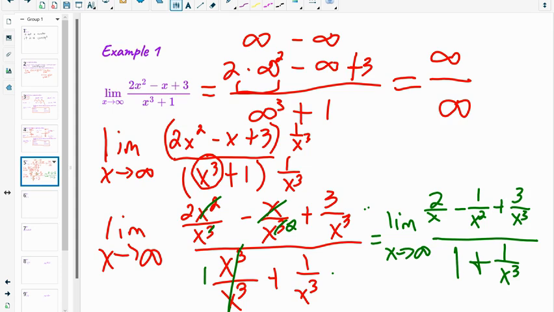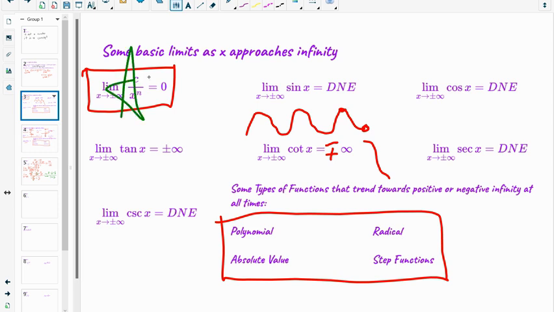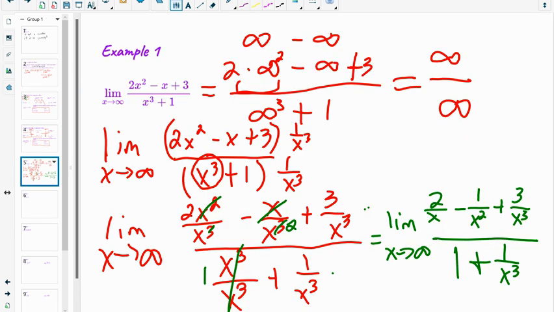Now, this is where this limit comes into play. A constant over a power of x will always be equal to 0. That's what these are. We've got a constant 2 over a power of x, which is 1. The power is 1, so x to the first. A constant 1 over x squared, a constant 3 over x cubed.